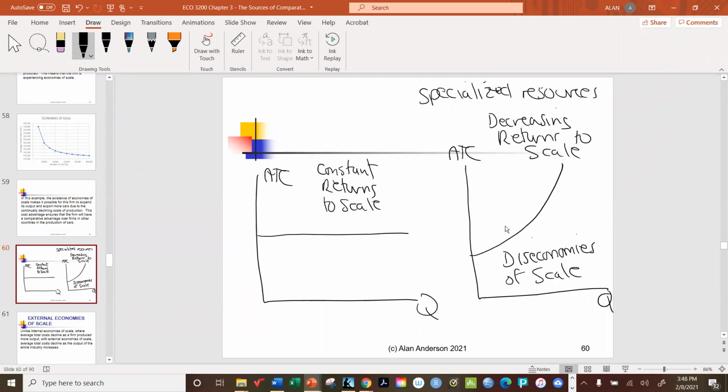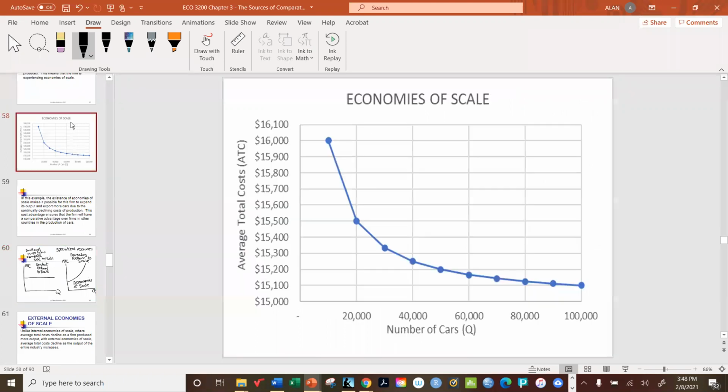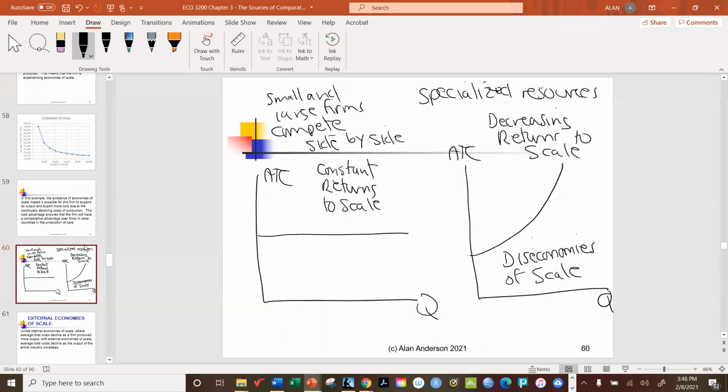What's interesting about constant returns to scale is that small and large firms can compete side by side because size is not helping or hurting them. Okay, so with the economies of scale, we tend to see a few large firms in that industry. In this case, we might have small and large companies competing side by side.